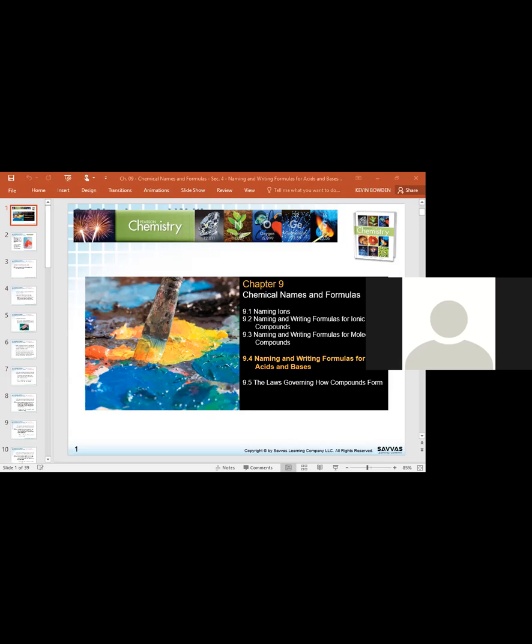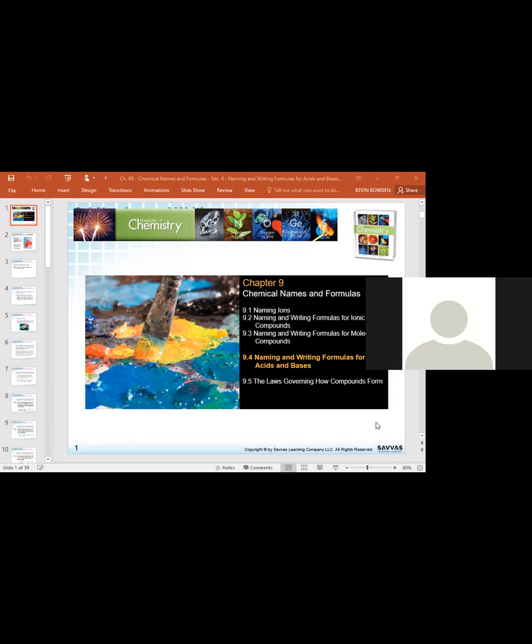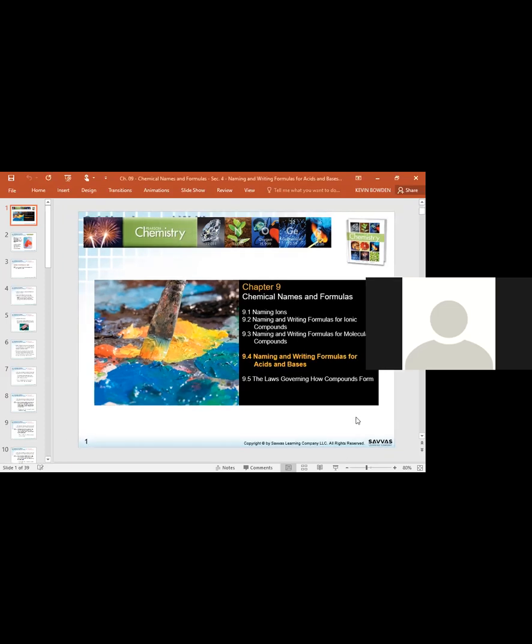As we look at acids and bases, it's not just some random thing in the corner of chemistry. This is a very central thing to chemistry because almost all chemicals will involve some sort of movement of hydrogen at some point. All right, let me just shrink this down just a hair. Okay, there we go.